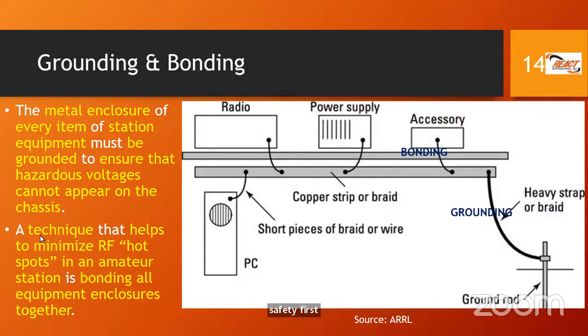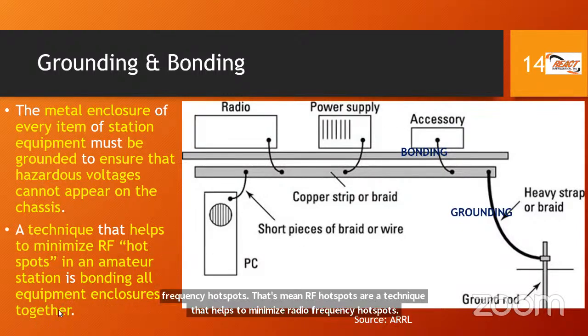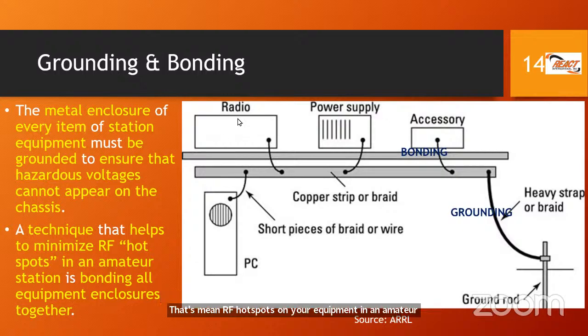Also, another exam question says that a technique that helps to minimize radio frequency hotspots, that means RF hotspots on your equipment in an amateur station, is bonding all equipment enclosures together. So you don't want any of them to be isolated: your radio from the amplifier, from the power supply.